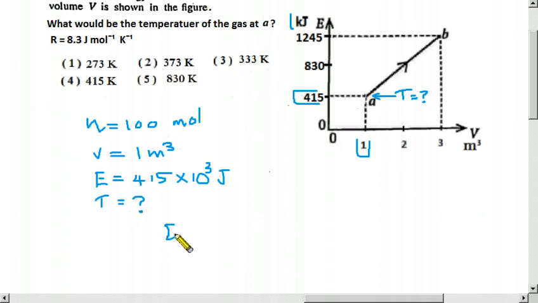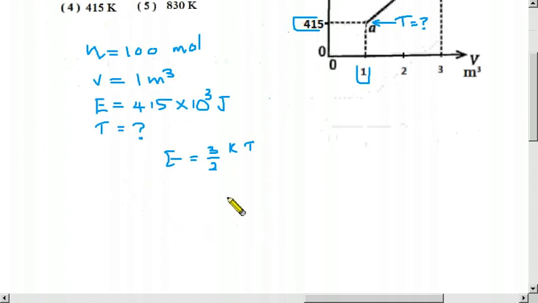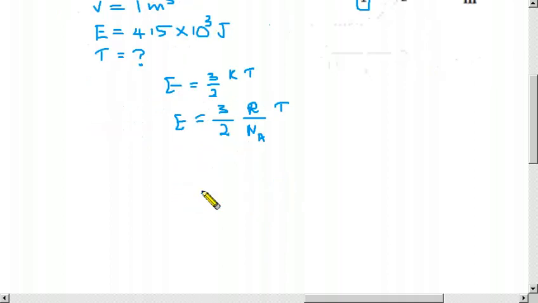So we can use that equation, E equals 3 divided by 2 Boltzmann constant times T. What is the Boltzmann constant? That is R, the gas constant, divided by Avogadro's number, times T. So this one is the mean kinetic energy of one atom or one molecule.